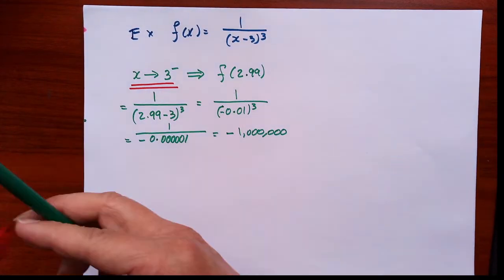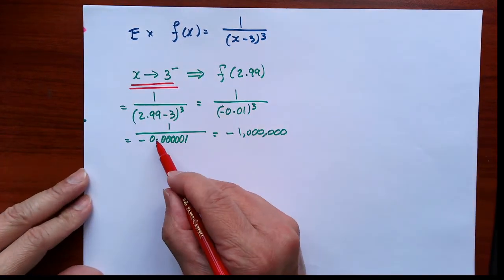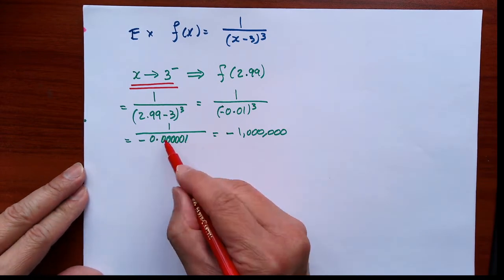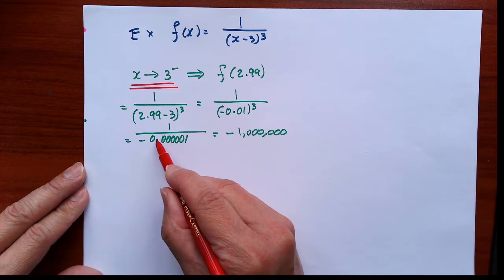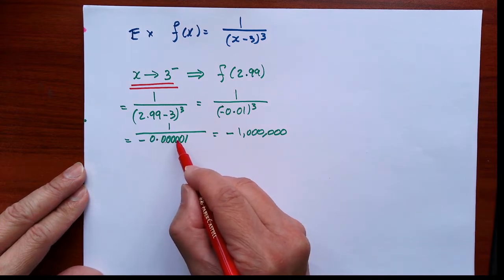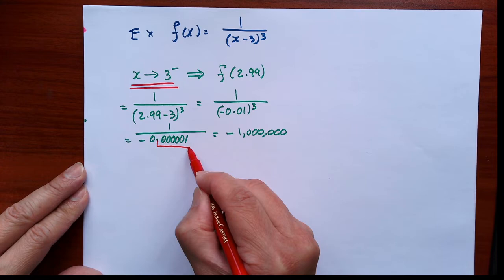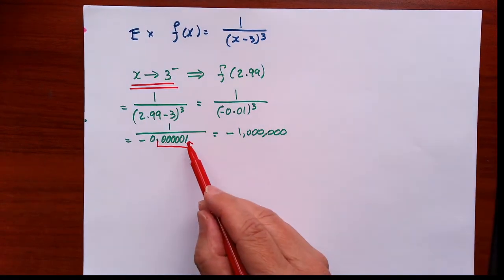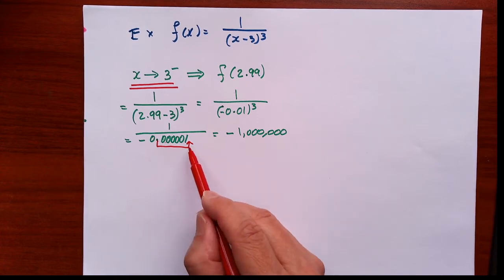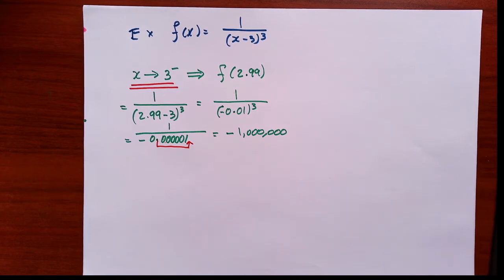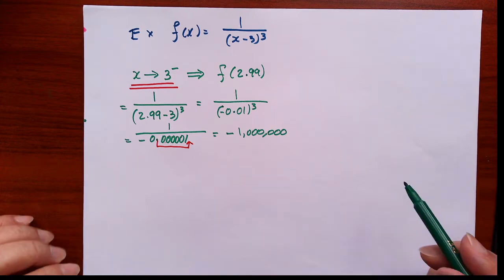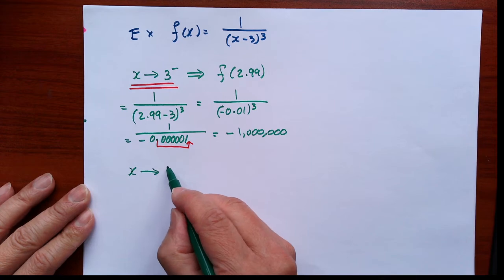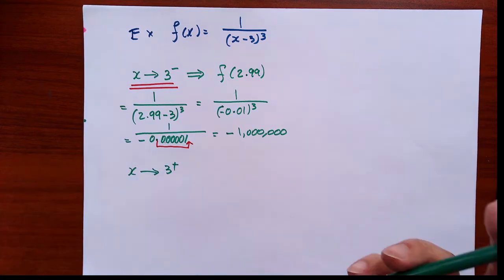The way to look at this is to say to yourself, if I'm going to bring this point right up to the front, how many zeros do I have to add? Well, I have to add 1, 2, 3, 4, 5, 6. So to bring this decimal right up to the front, where it becomes 1, you have to add 6 zeros, not 5 zeros. The other approach is x approaches 3 from above, coming in this way.